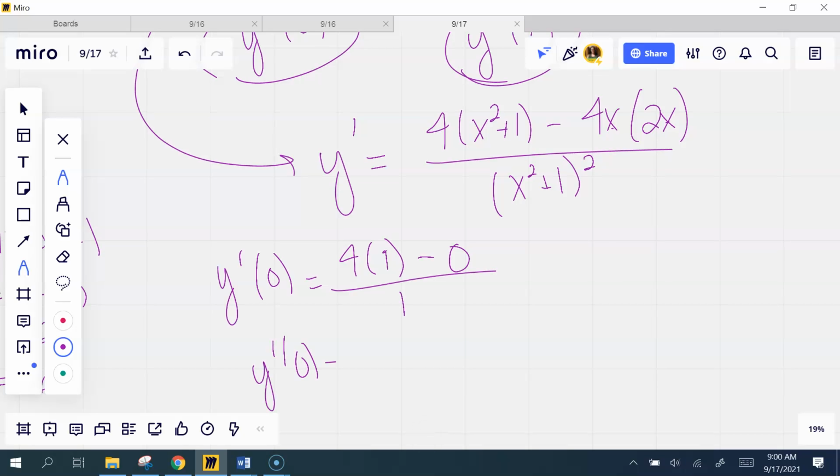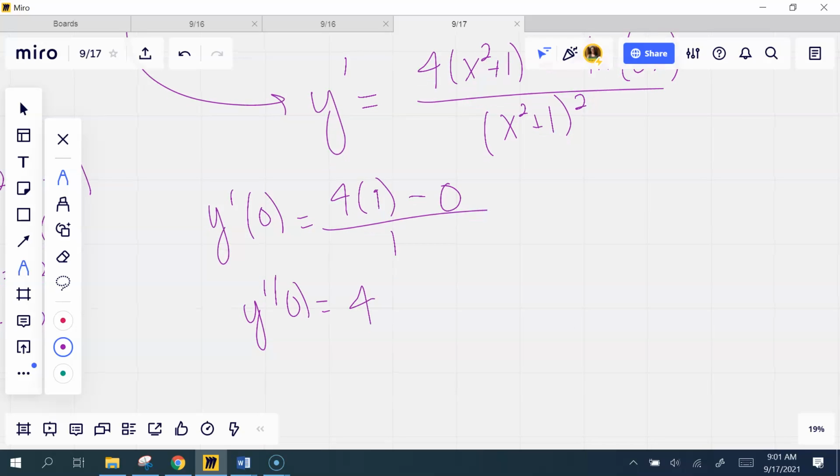What does that tell me? At 0, the slope of the tan line is 4. So what's the equation of the tan line?